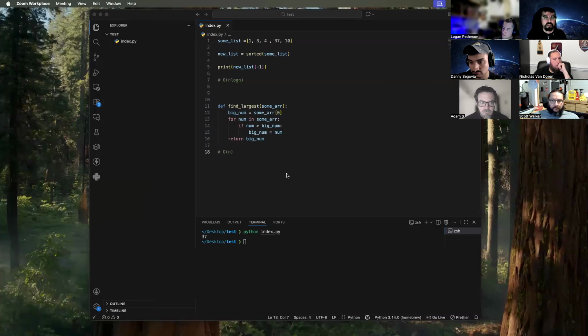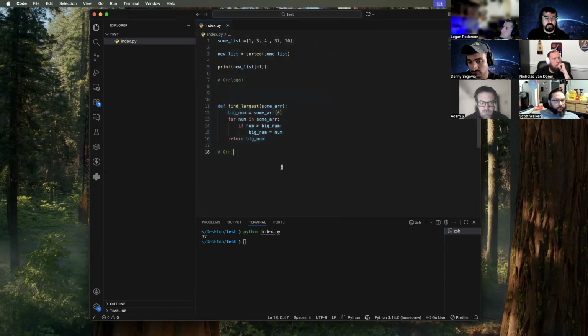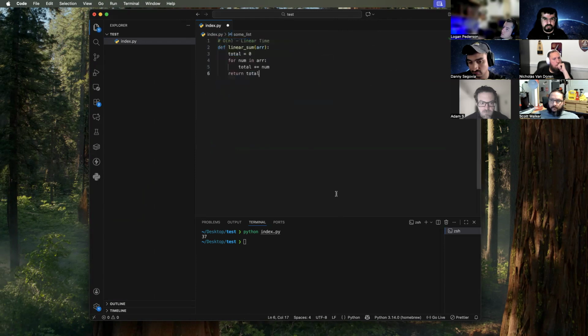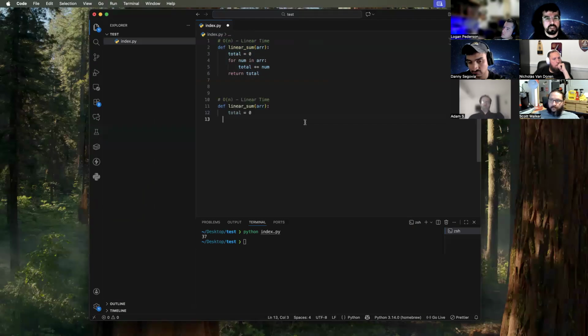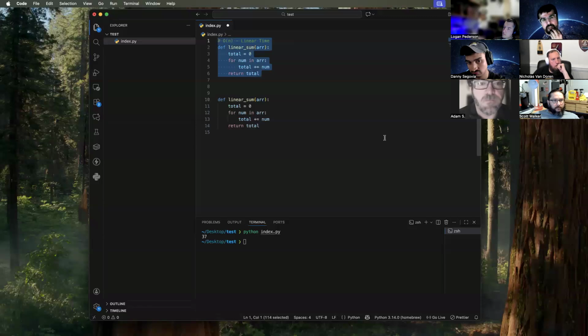Let's see. I think this is important, so we're going to do this. This is the thing in question, right? Let's do two of them. Oh, I don't think I copied it properly. Okay, cool. What does this function do? Just what does it do? Adds all the numbers in the array.